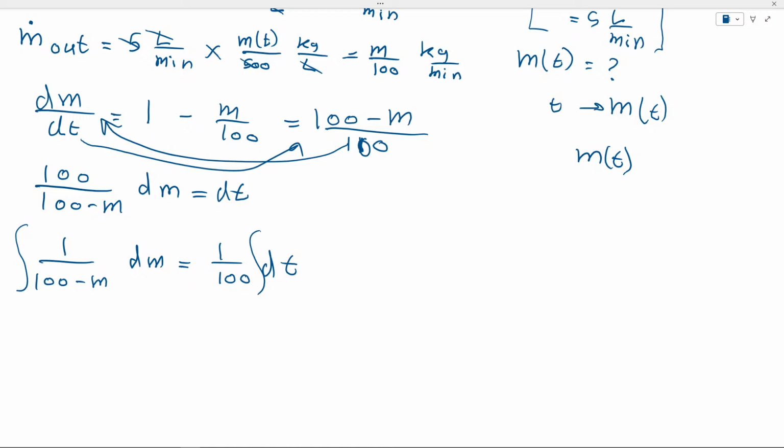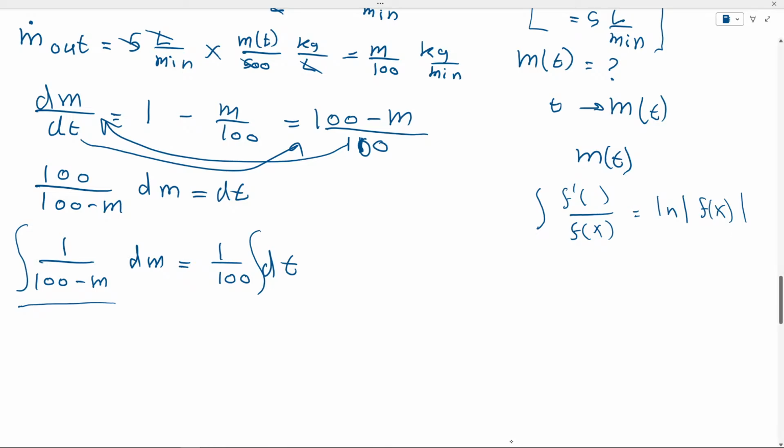So does this look like something I know? Do you remember we had the integration of a derivative over its function that is equal to ln of this function? Except here I don't have a function of x, I have a function of m.